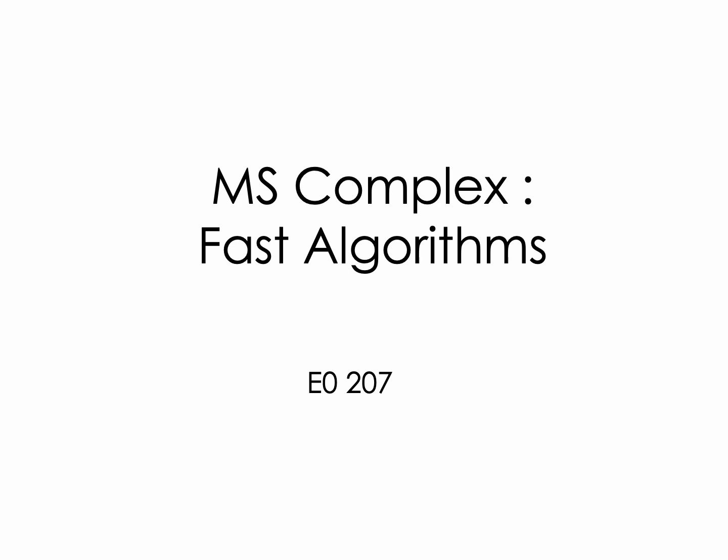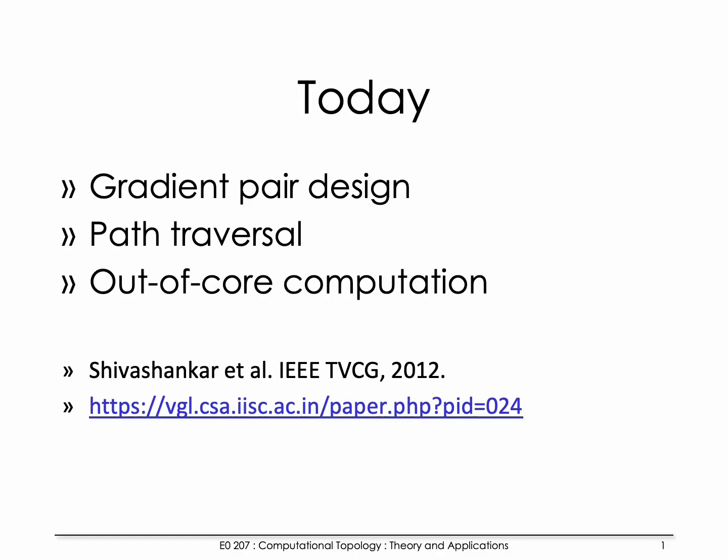In this lecture, we will study a fast algorithm for computing the Morse-Smale complex based on the discrete Morse theory that we studied in the previous lecture. We will begin by talking about the design of a gradient pair given a scalar function sampled at vertices.